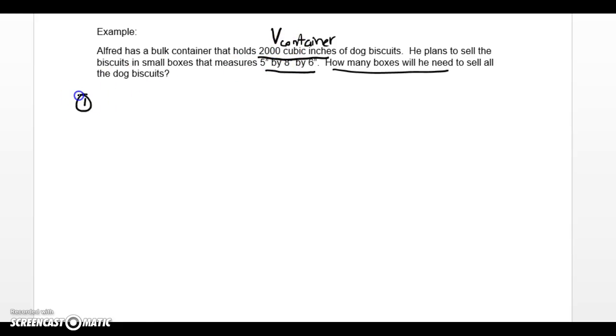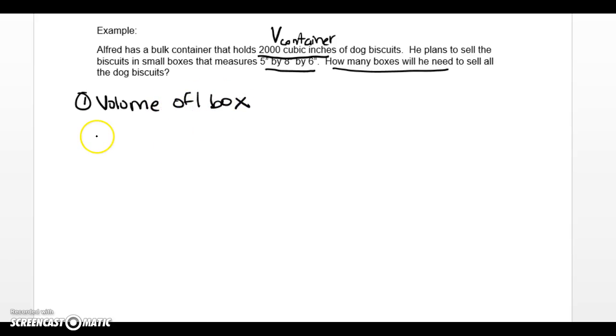Step number 1 is to find the volume of one box. As we said earlier, your volume is equal to the area of your base times the height. These boxes are rectangular, just by the dimensions we're given. So the area of a rectangular prism is your length times your width, and then multiply it with that height.